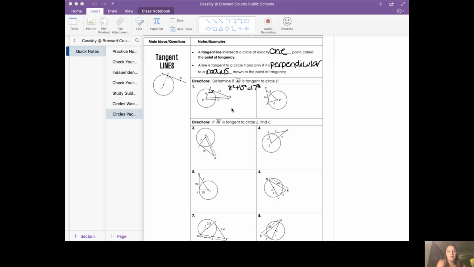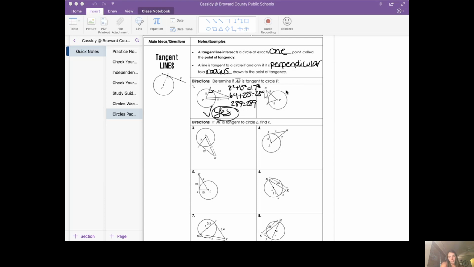I don't have mine up here, but I'm going to just use my phone. 8 squared is 64. 15 squared is 225. 17 squared is 289. Now we're just going to do 64 plus 225, and we get 289. Does 289 equal 289? It does. So yes, it is tangent.